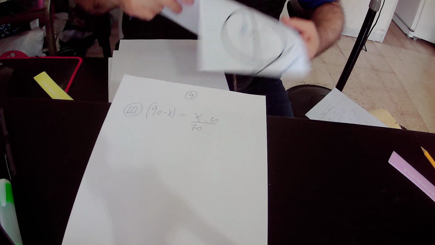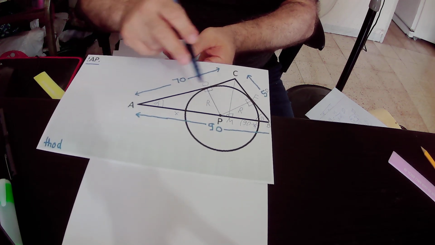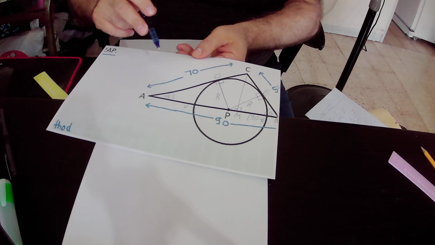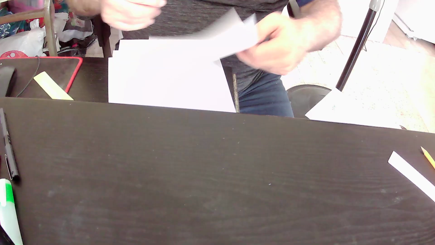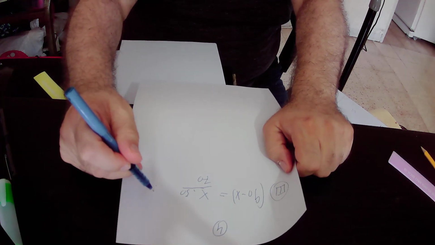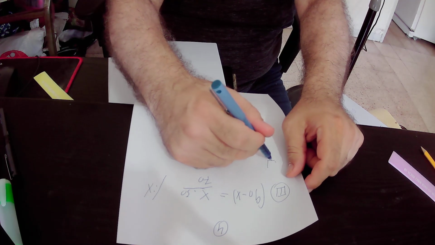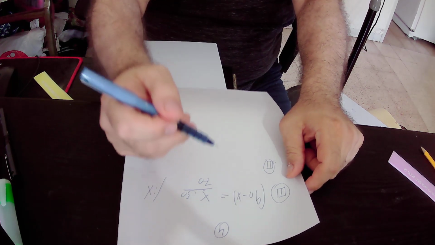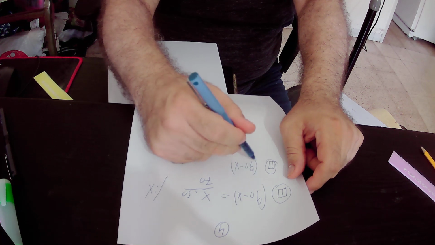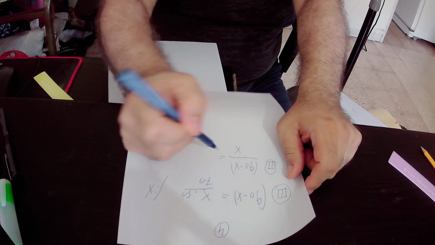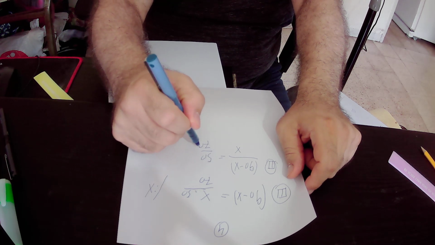It is allowable because x equals AP. It is a positive number, it can never be 0, so it is allowable to divide both sides of the equation by x. Okay, so we divide the equation by x. We will get that 90 minus x over x equals 50 over 70.